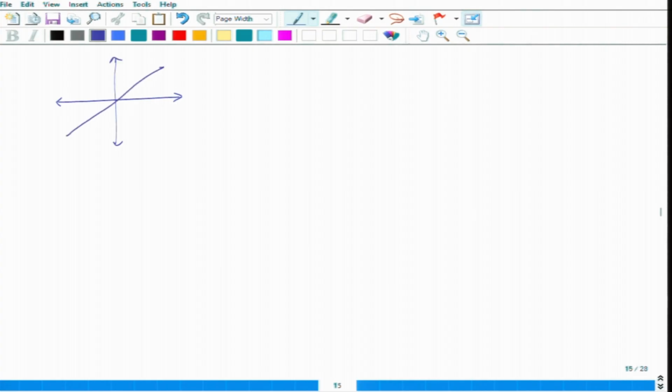If these are the 3 axes, this is Px, that is along the x-axis.